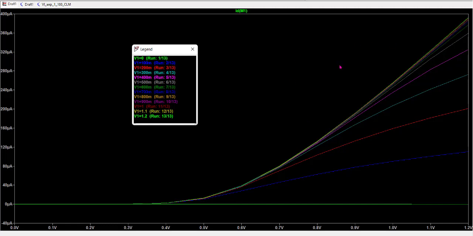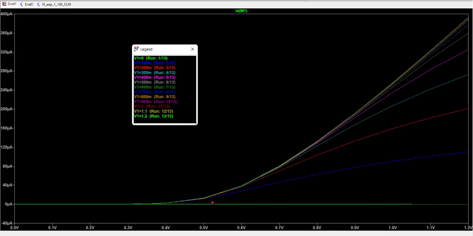So what is the input characteristic mainly used for? It is mainly used for understanding where my threshold voltage lies. So you see a point here, you see my pointer. After this point only, the current starts flowing, right?